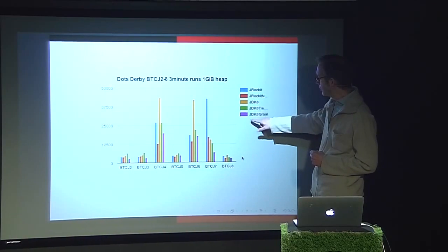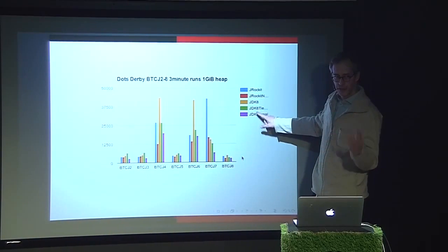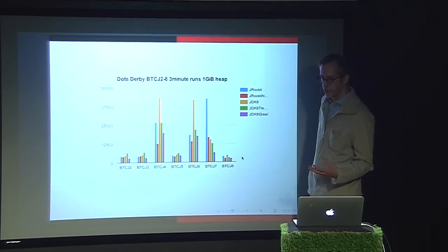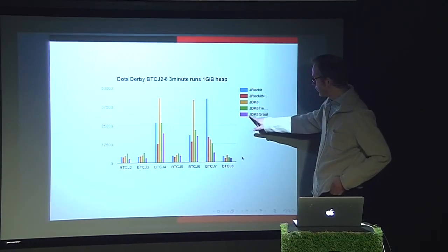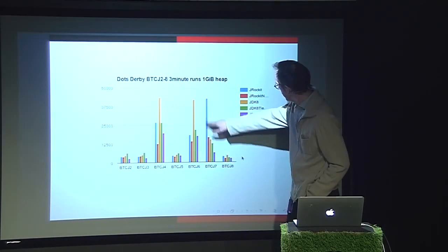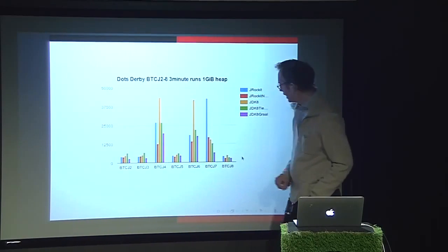JDK8 server, where you have enabled tiered compilation, which means that it runs the C1 compiler first, profiles everything again, profiles a little bit more, and then runs C2. And then we have Graal. And you can see here, suddenly, JRockit was fastest. Here and here, JDK8 was fastest.